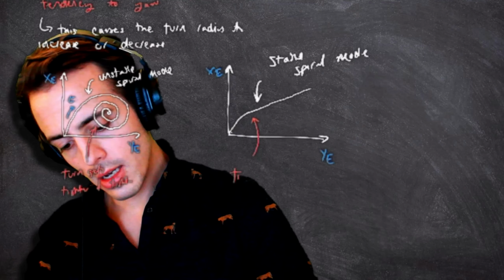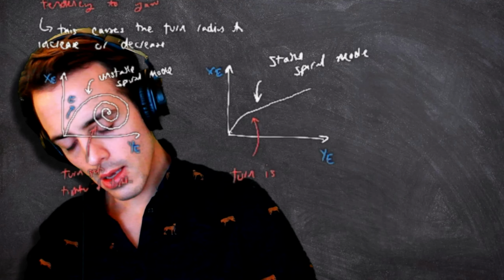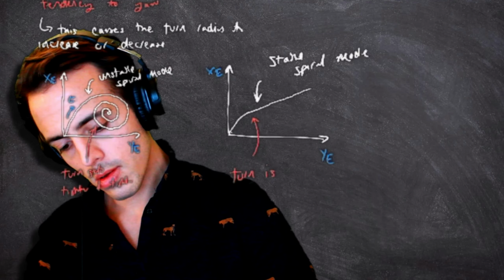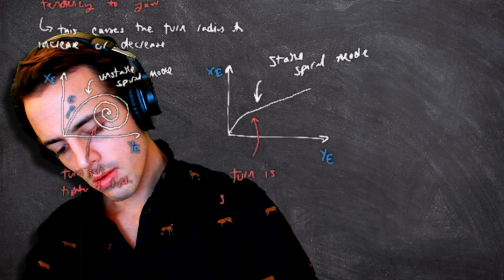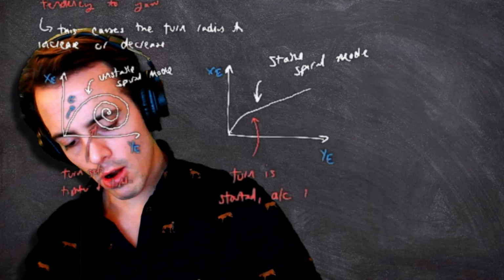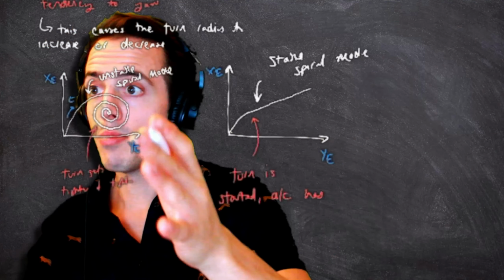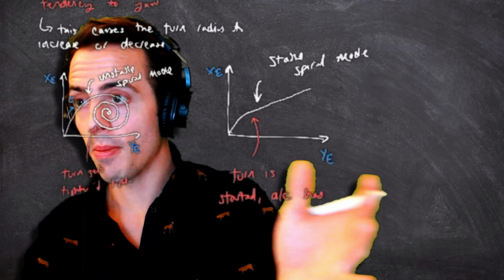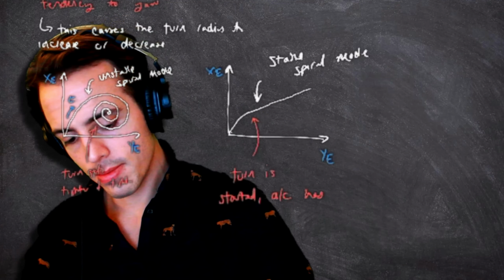We'll say that the turn is started, and the aircraft has a tendency to move into the turn, or to turn away from the direction in which it was headed.